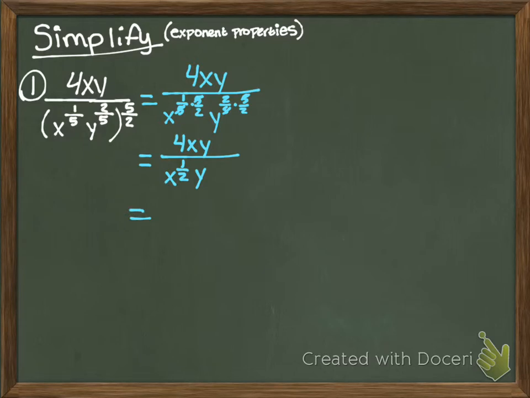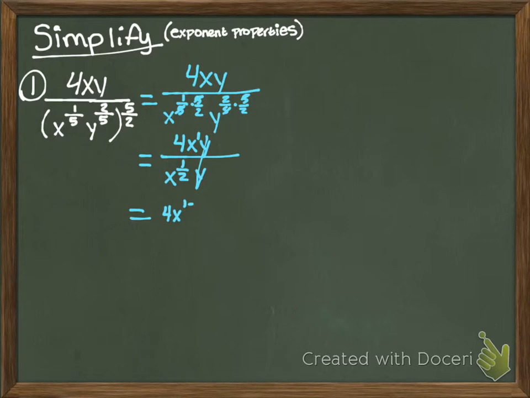And now we need to remember, well, how do I combine exponents when I'm dividing? Well, we subtract. So my y's cancel. X to the 1st divided by x to the 1/2 is x to the 1 minus 1/2, right?